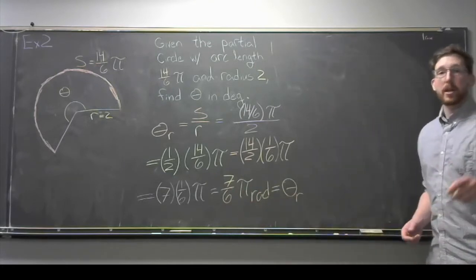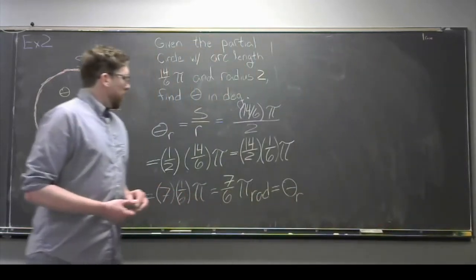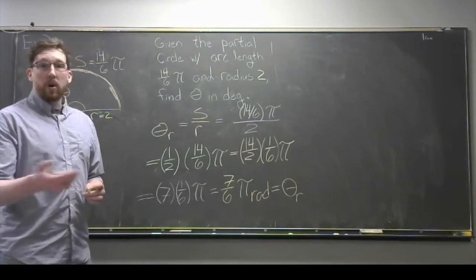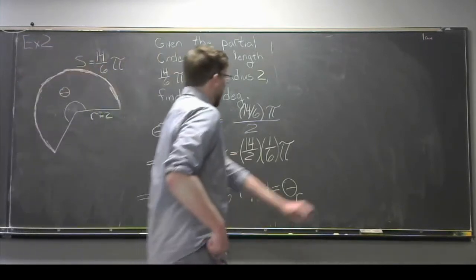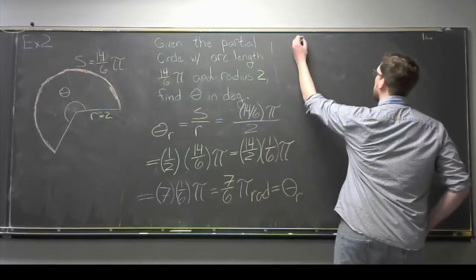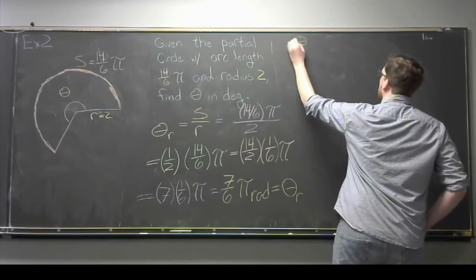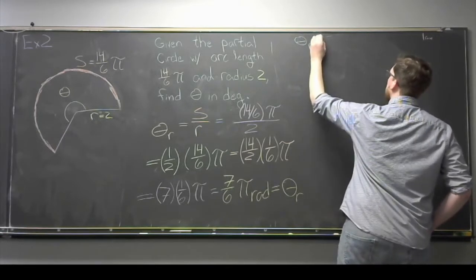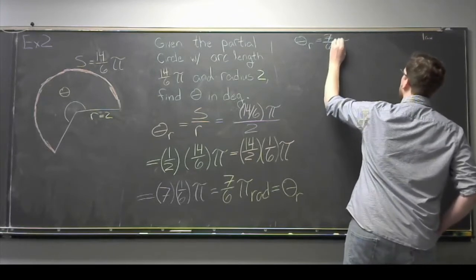All right, that's in radians. Now we have to convert it into degrees. Well, we conveniently know the formula for that, right? Just talked about it a second ago. Let's write everything down that we know. Our angle in radians is equal to 7 over 6 times pi.